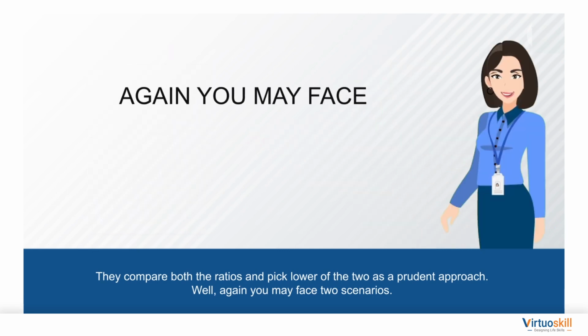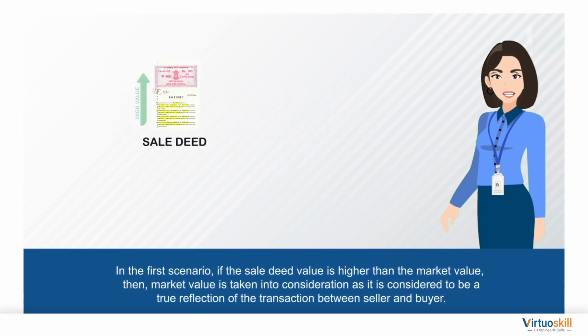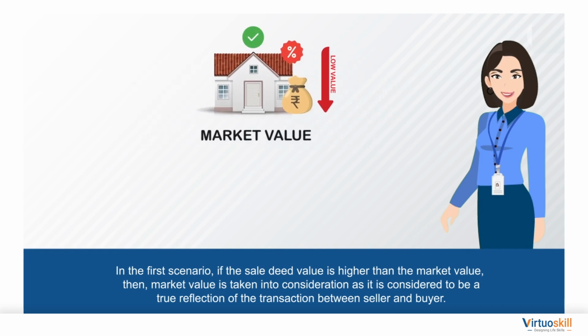Well, again you may face two scenarios. In the first scenario, if the sale deed value is higher than the market value, then market value is taken into consideration as it is considered to be a true reflection of the transaction between seller and buyer.